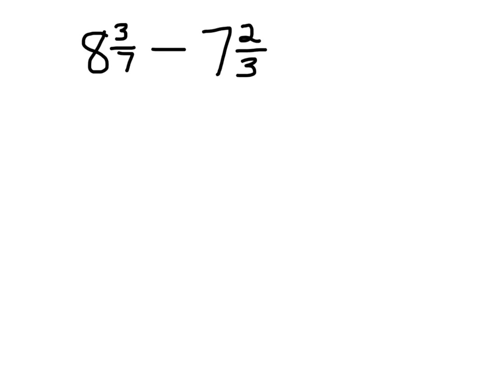Okay, now we're going to look at number 13. Victor jogged 8 3/7 kilometers on Monday and 7 2/3 kilometers on Tuesday. What is the difference between these two distances? And again, difference, anytime you see that, it means to subtract.